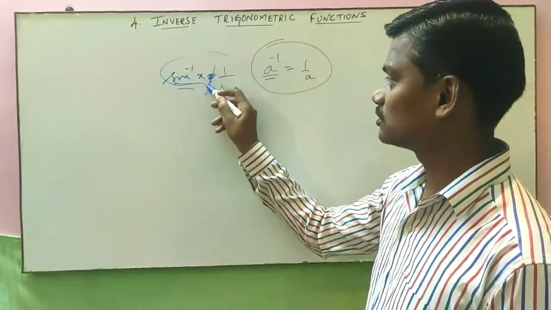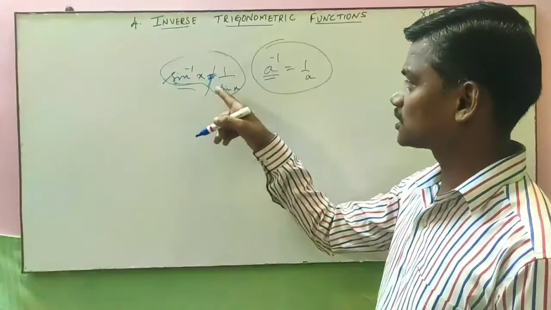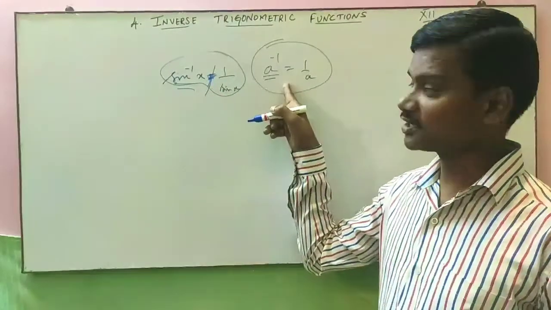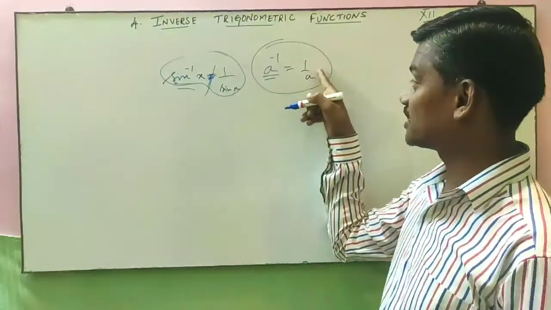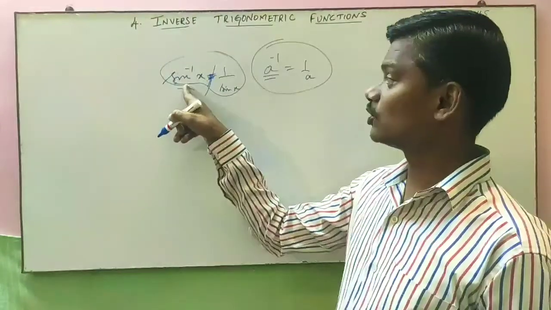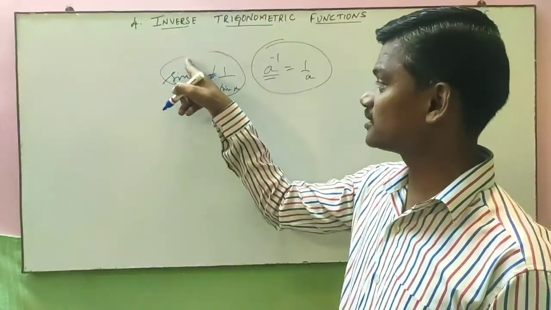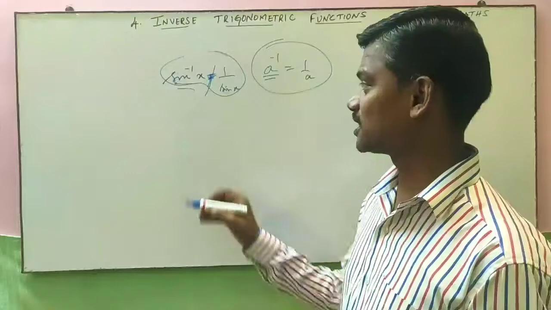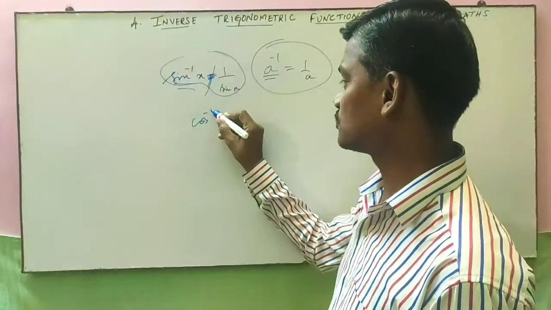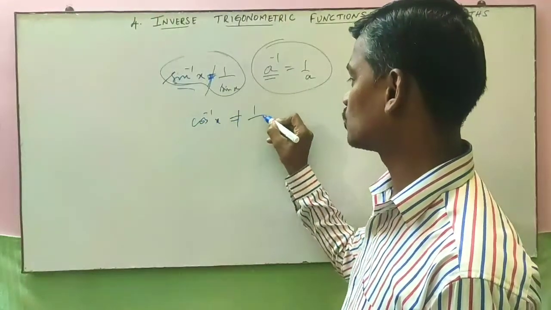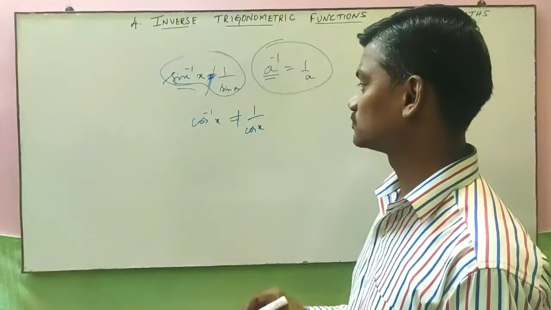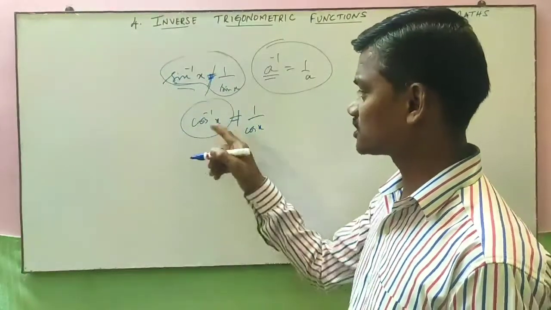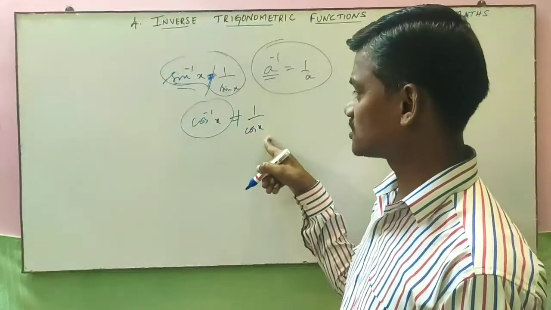To clear this concept, I am telling this. A inverse can be written as 1 by A, but we need not write sin inverse of x as 1 by sin x. Like that, cos inverse of x is not equal to 1 by cos x. This is a different function from that.